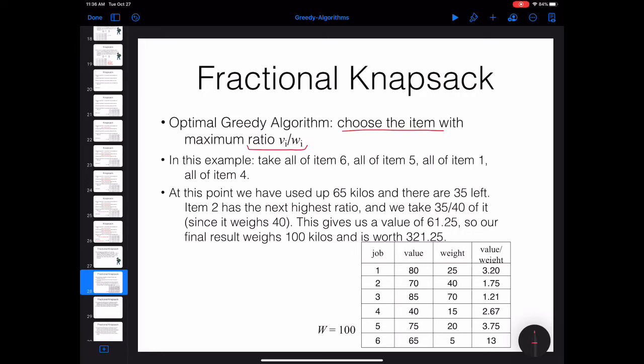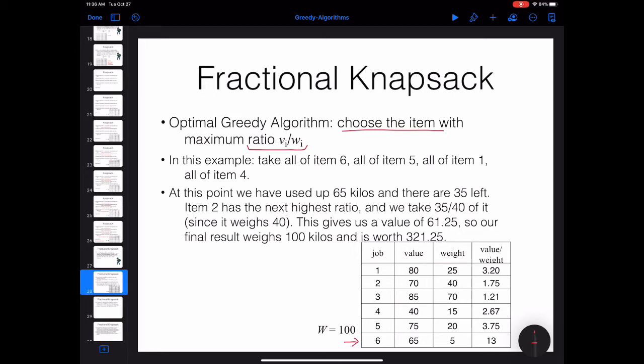If I apply this strategy over this example, it tells you to take 6, and you can take everything from 6, right? Whenever you can't take the full amount of an item, just take the portion that you can take. It actually allows you. So every time we try to take some amount from the object that has the highest value per weight ratio.